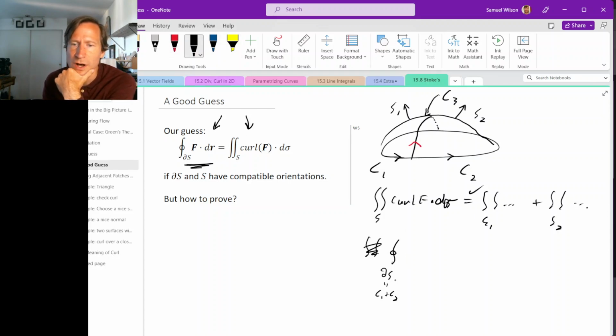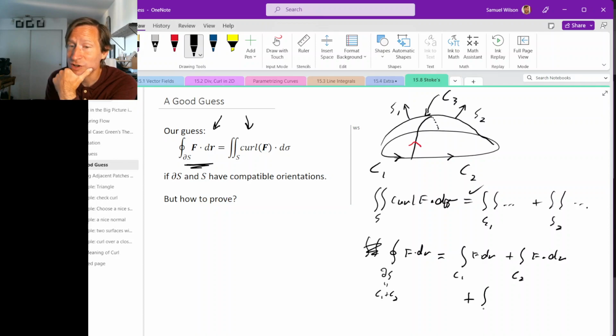Okay, so for the line integral around the boundary of S, that's C1 plus C2, F dot dr. Well, this is the integral over C1, F dot dr, plus the integral over C2, F dot dr, plus the integral over C3, F dot dr, minus the integral over C3, F dot dr. So I've done a mathematician's favorite trick of adding and subtracting the same thing.